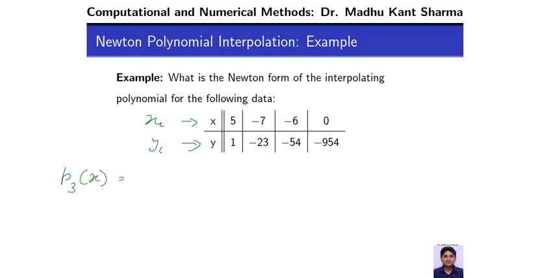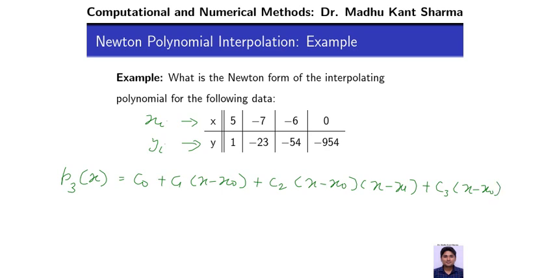That is equal to c0 plus c1 times x minus x0, plus c2 times x minus x0 times x minus x1, plus c3 times x minus x0, x minus x1, into x minus x2.